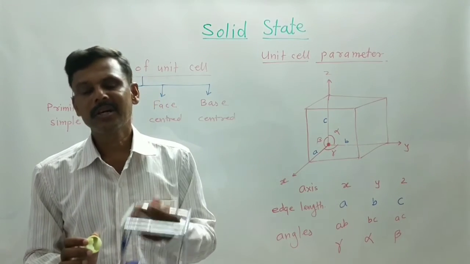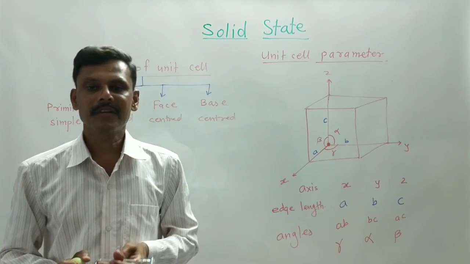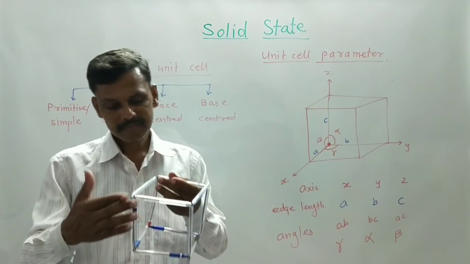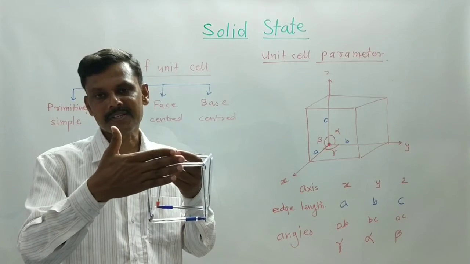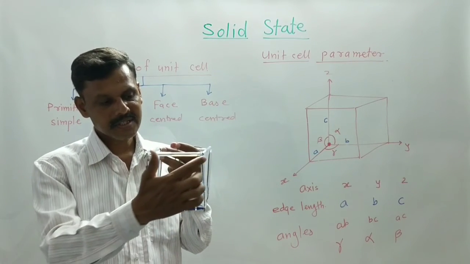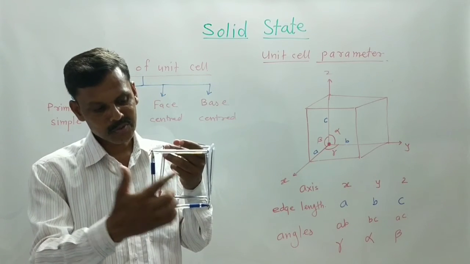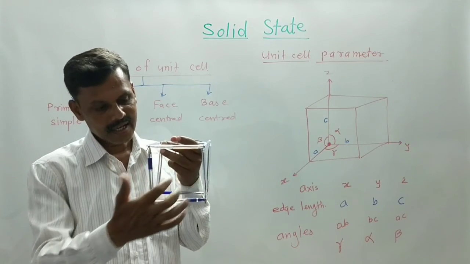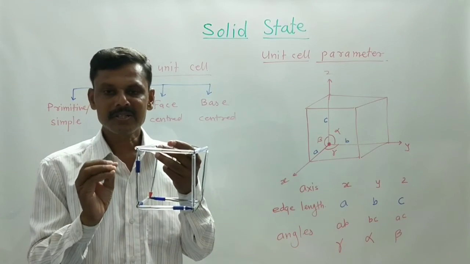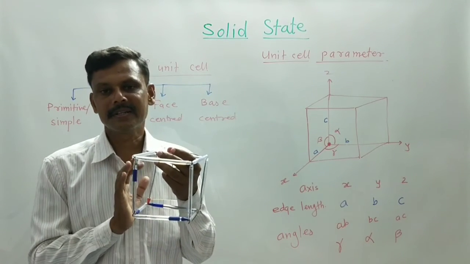Clear? The third one is face centered. For this unit cell, this is its face. If I join these 2 points, then these 2 points, I get one center here. This center is called the face center.